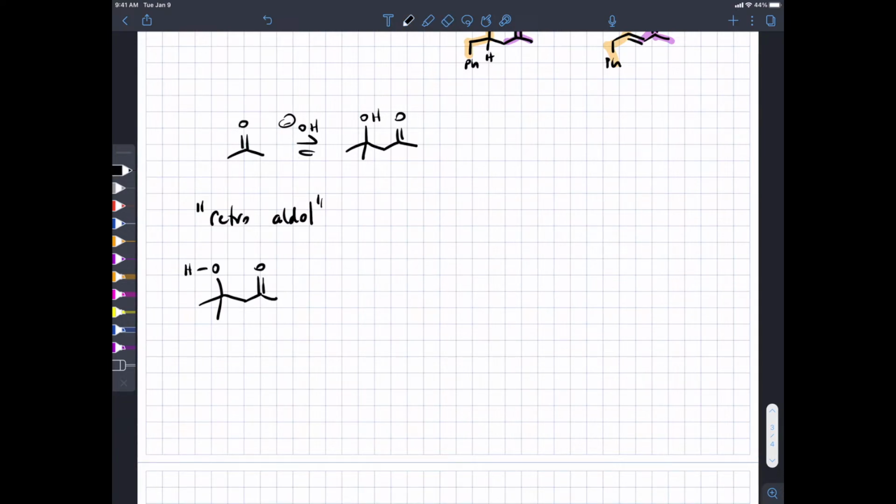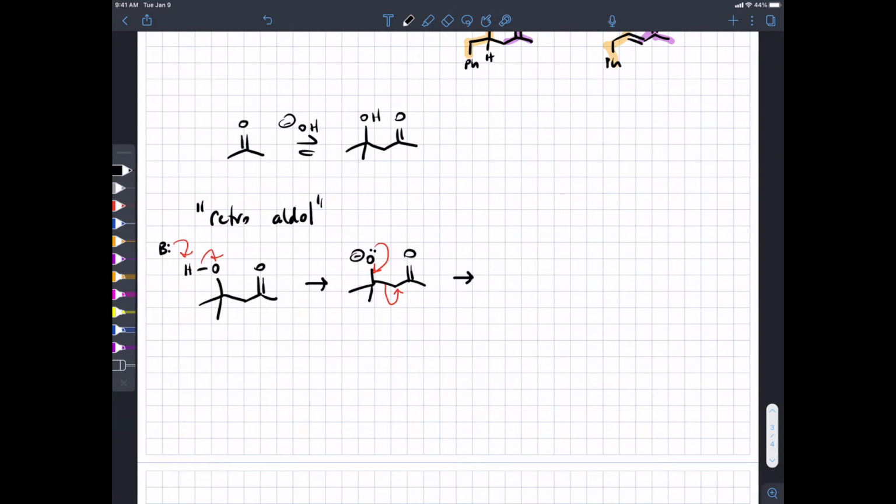Well, first you'd need a base to remove the proton from the alcohol to give you the negatively charged alcohol. This should look like the tetrahedral intermediate that forms after an enolate attacks a carbonyl compound, because it is. And at this stage, the negatively charged oxygen can kick down and kick off the enolate as a leaving group.